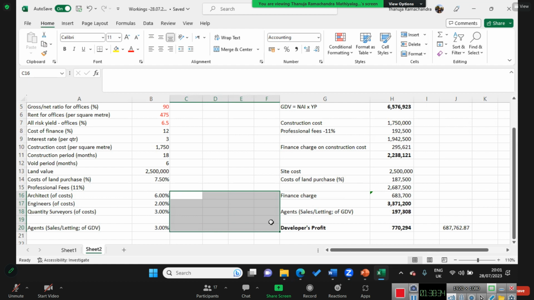Do you have any question on this, the residual approach? Any question anyone is having?